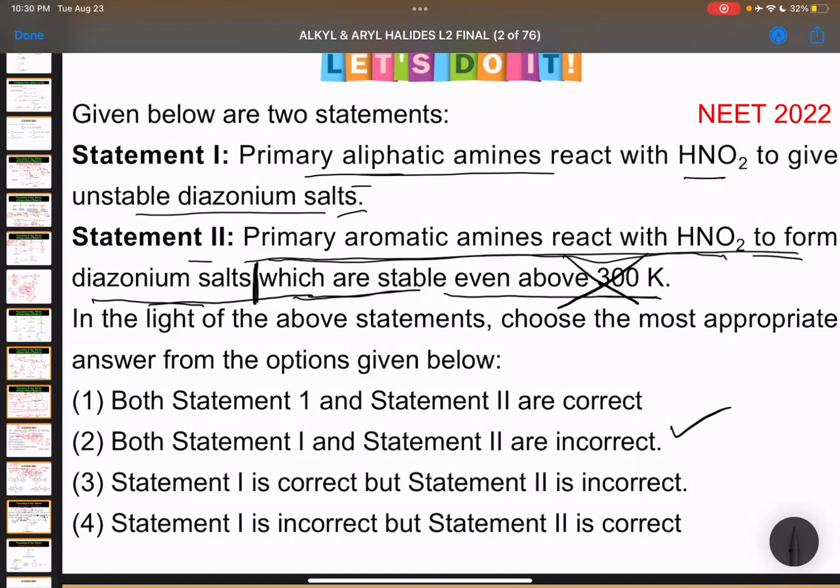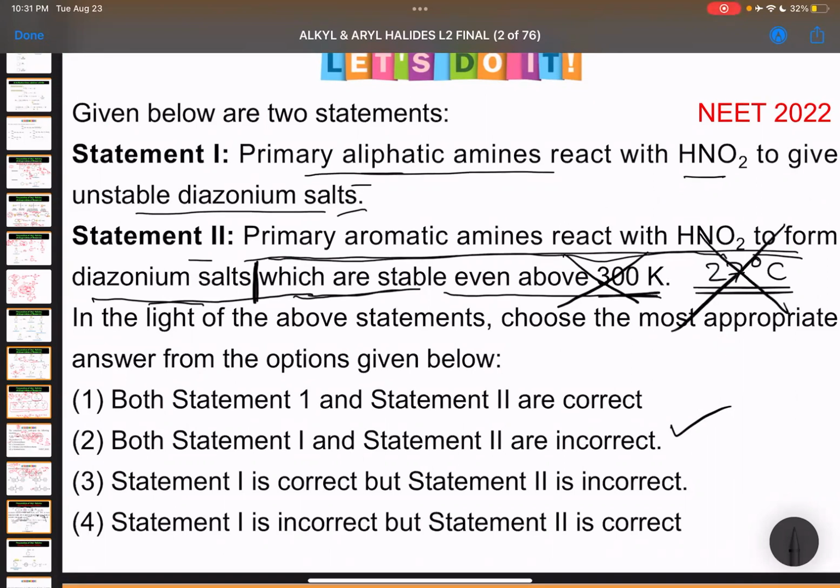Okay, how many degrees is this? Just now we discussed that diazonium salts are stable only from 0 to 5 degrees, right? Clear?